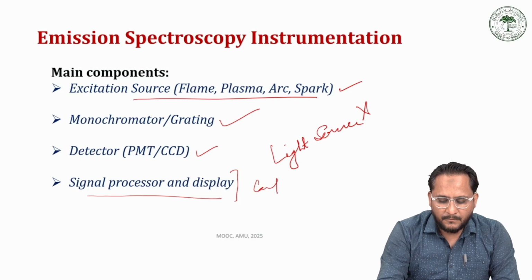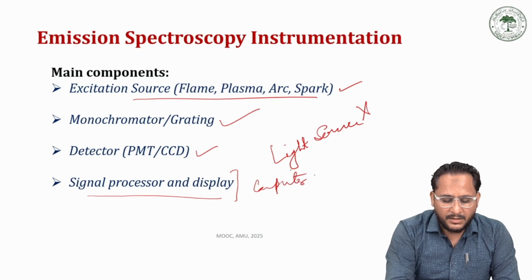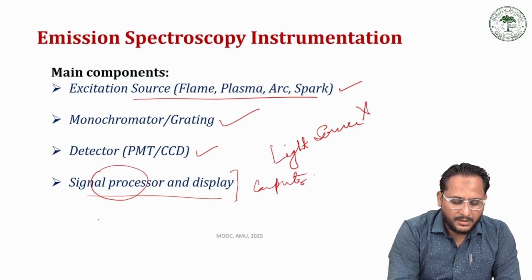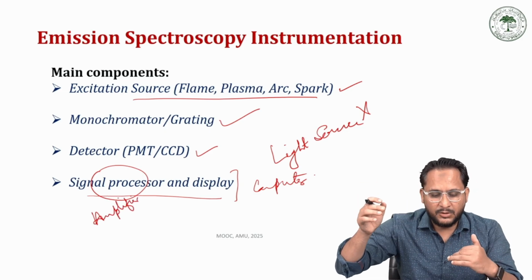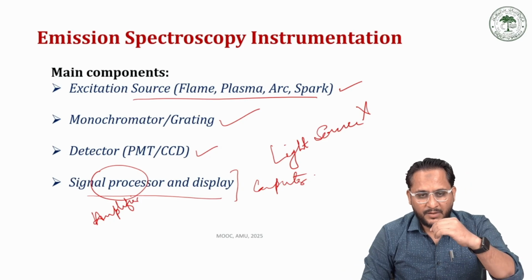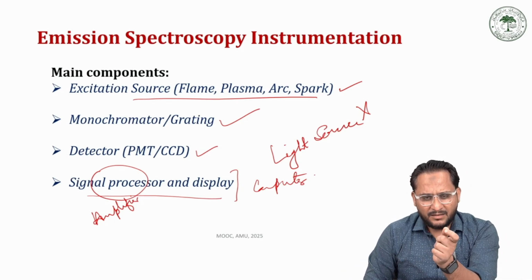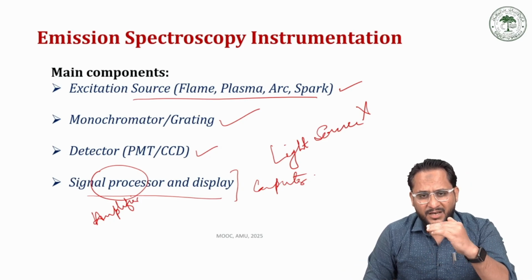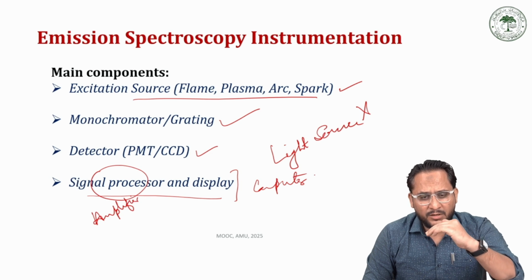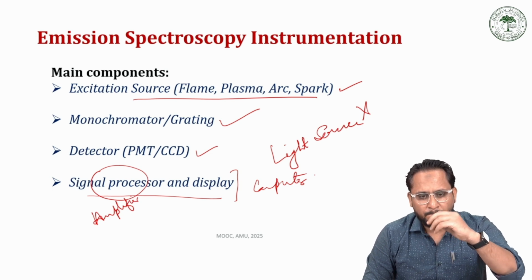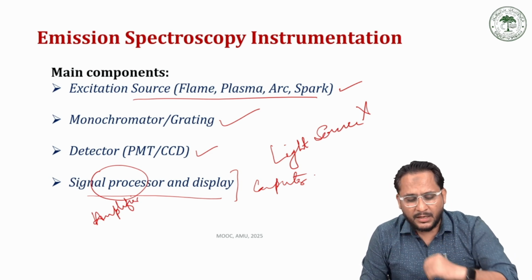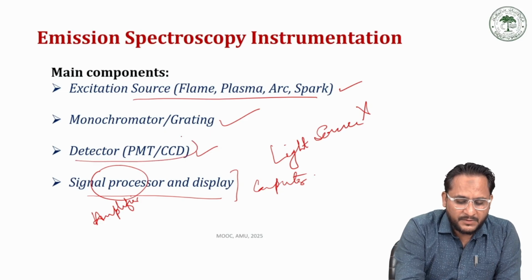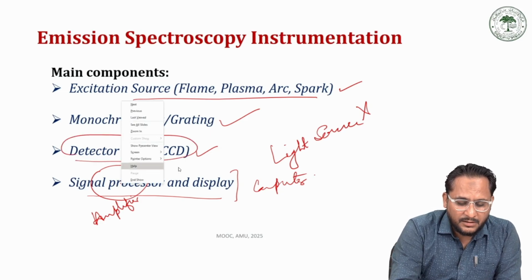This is our computer. And for signal processor, basically an amplifier is used. The purpose of this amplifier is to amplify the signal. So what is happening in case of emission spectroscopy? The light emitted is of very low intensity, and that low intensity is quite difficult to read, and therefore once it is read, the signal is amplified.